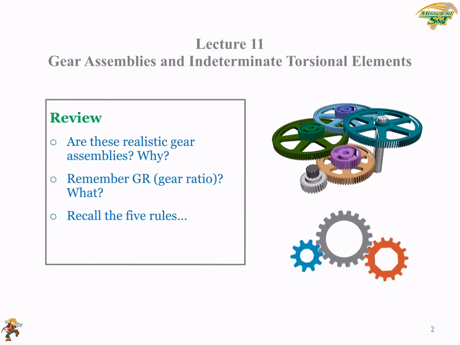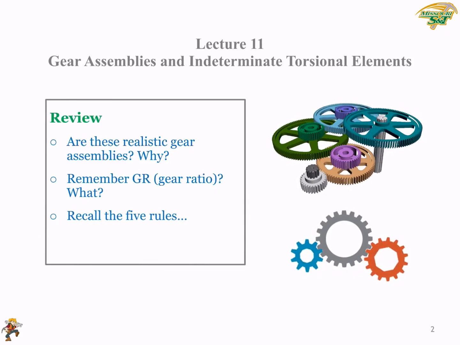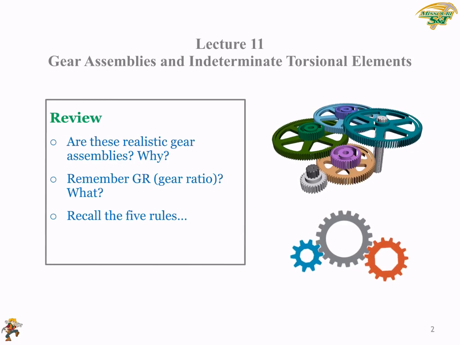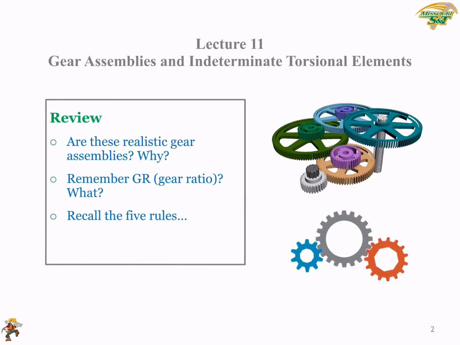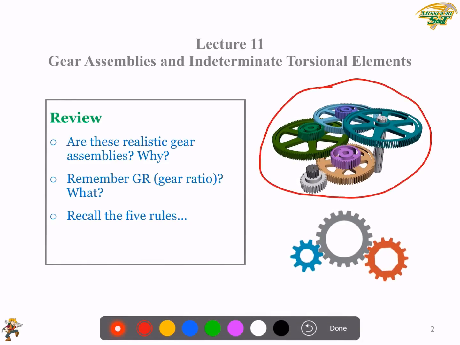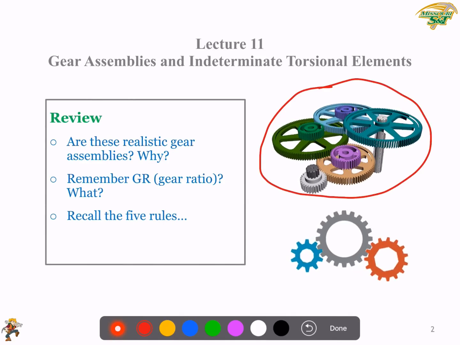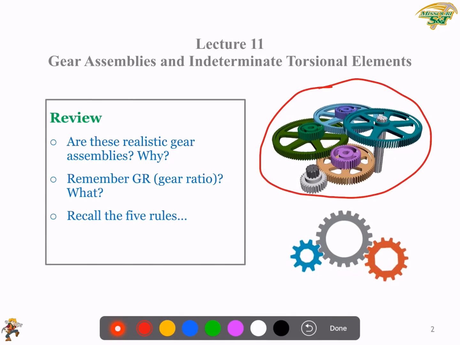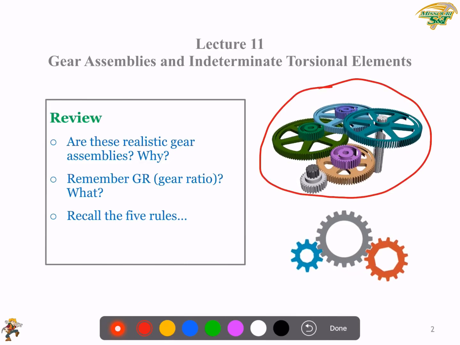Please examine these 2 gear assemblies and answer a question: are these gear assemblies realistic or not? Look at the first one. Is this a realistic gear assembly based on our 5 rules? No, this is not realistic, right?